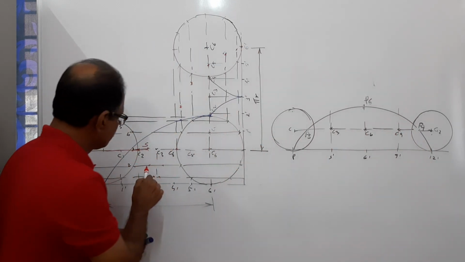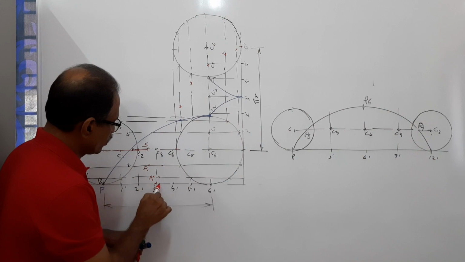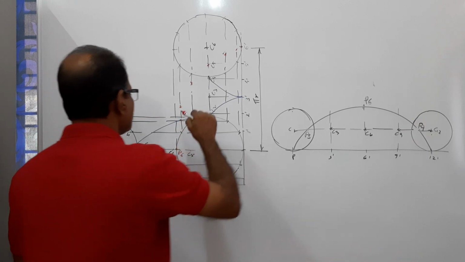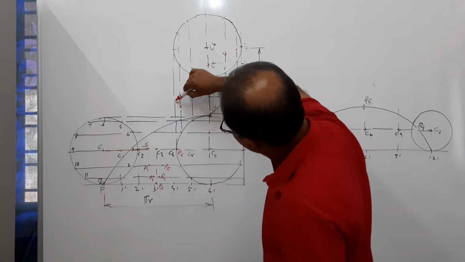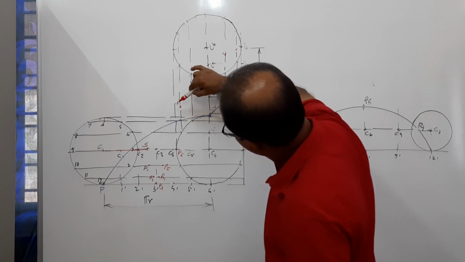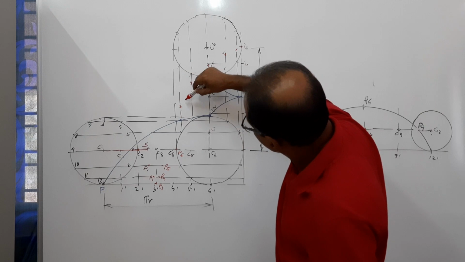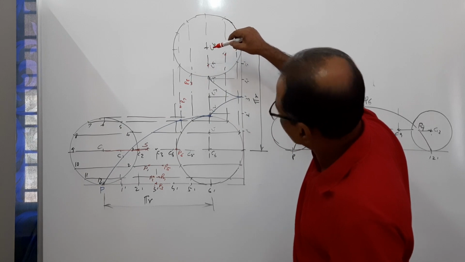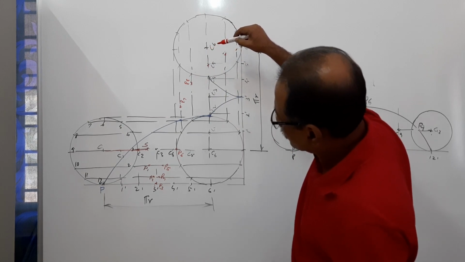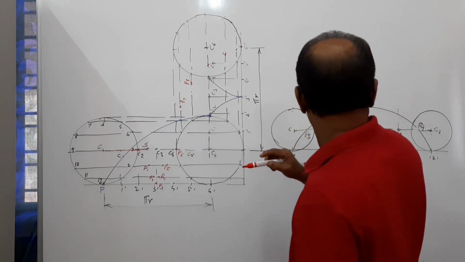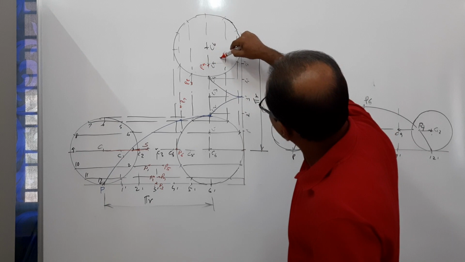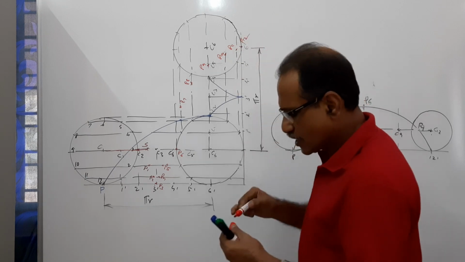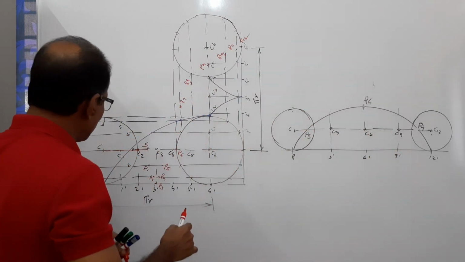So I call them P1, P2, P3, P4, P5, P6, P7, P8, P9, P10, P11, P12. Now what? Connect C1, P1, C2, P2, C3, P3, etc.